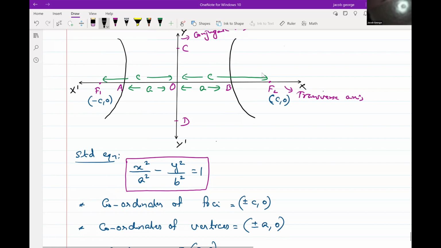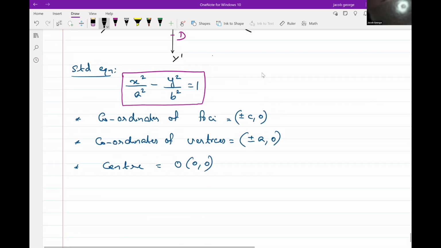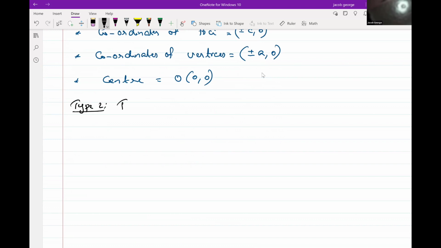Please write type 2, transverse axis is y-axis. Please write the subheading: type number 2, transverse axis is y-axis.